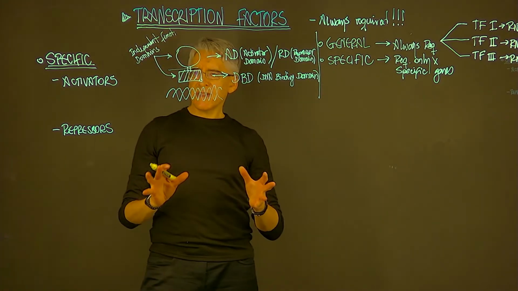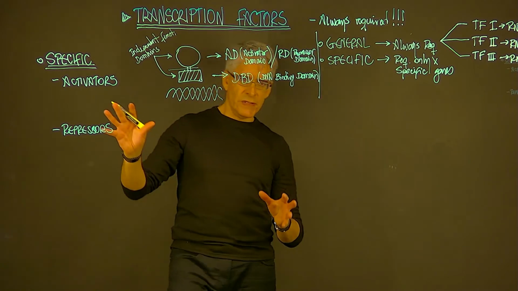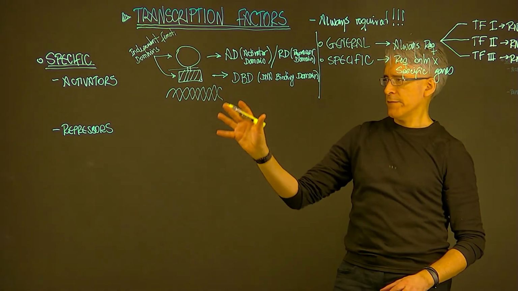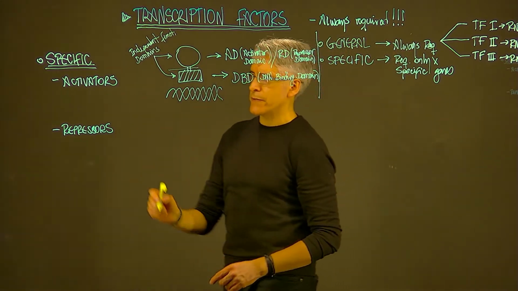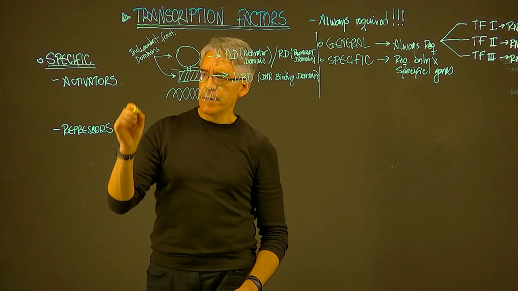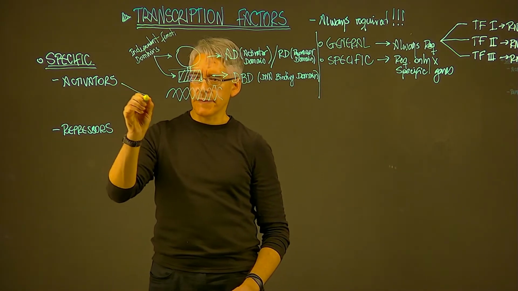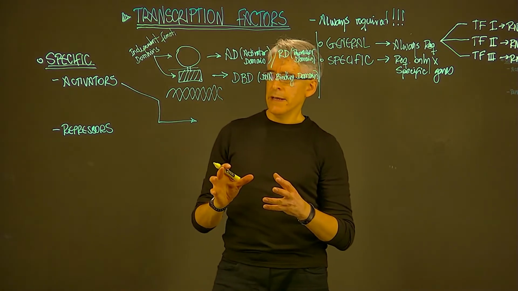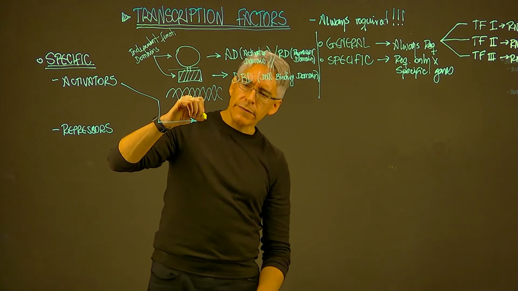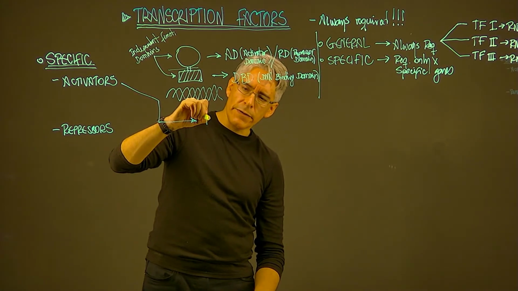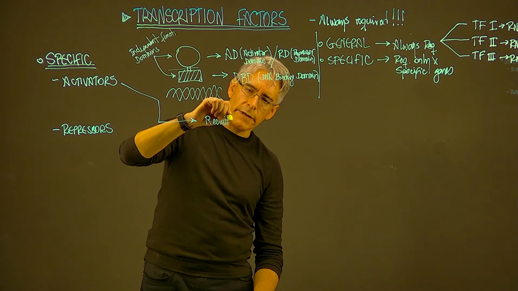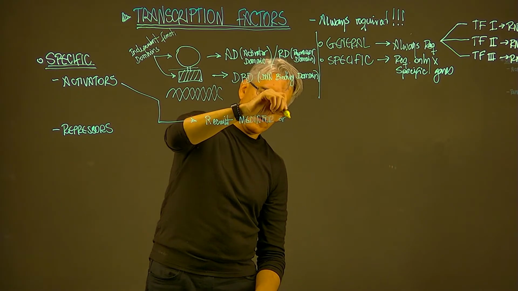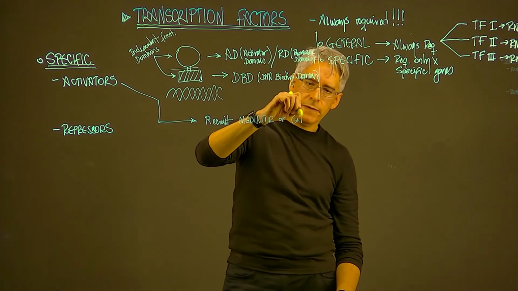All right, so now let's address how these different specific transcription factors are able to provide their function for the cell. So let's start with the activators. The activators function by either of two different mechanisms. They either are able to bind directly and recruit either mediator or the general transcription factors.